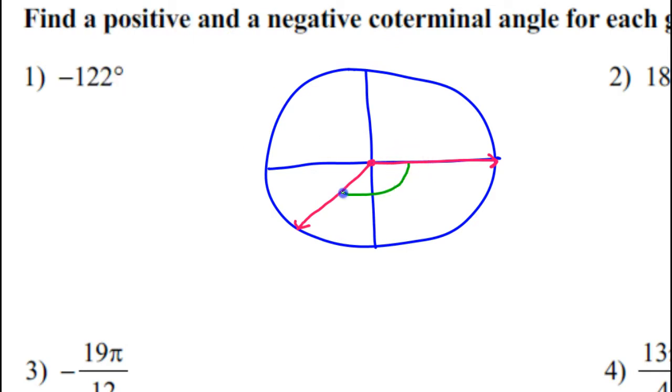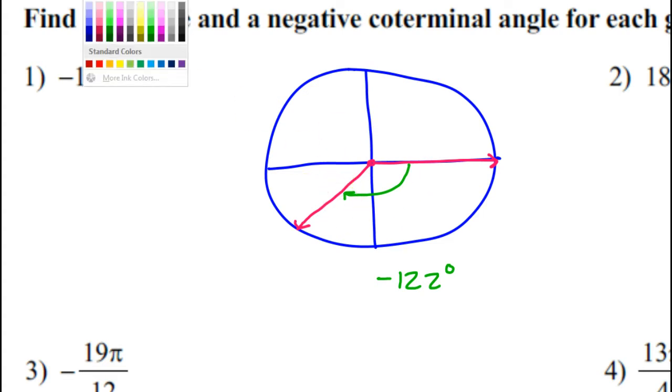So here is a sketch of my negative 122 degrees. Now a coterminal angle is another angle that will have the same terminal side. It'll land on the same spot. And an easy way to get a coterminal angle is to go all the way around a circle and back to where you started from.